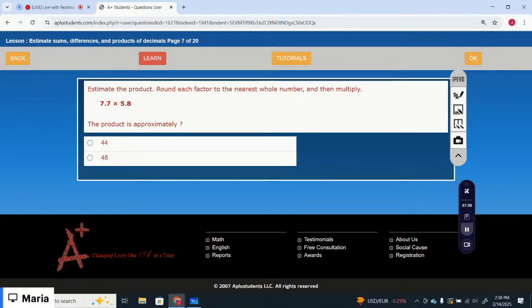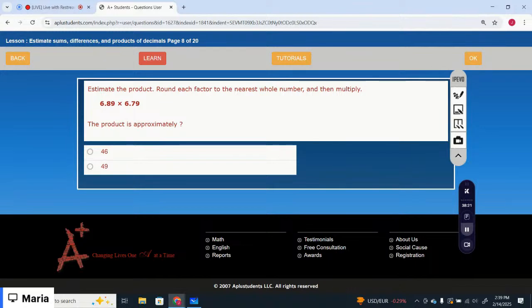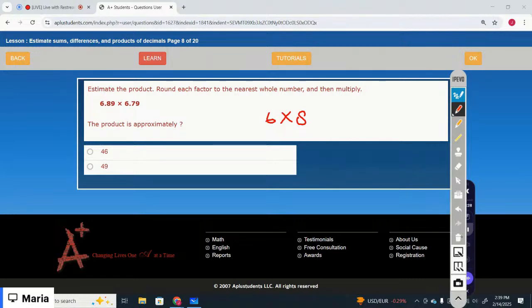7.7 times 5.8. 7.7 is rounded off to 8 and 5.8 is rounded off to 6, so 8 times 6 makes 48. 6.89 is rounded off to 7 and 6.79 is also rounded off to 7.